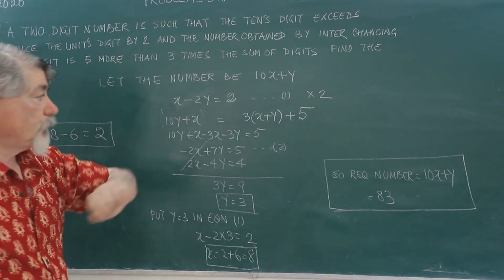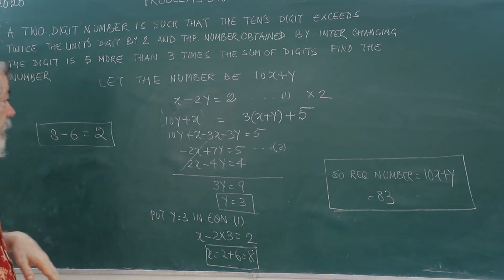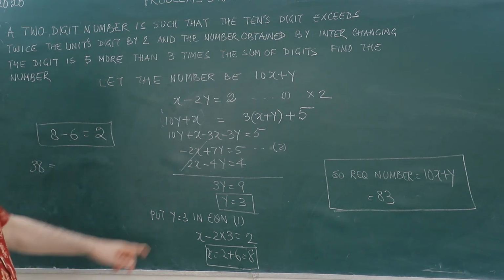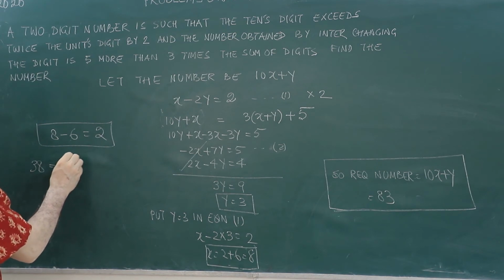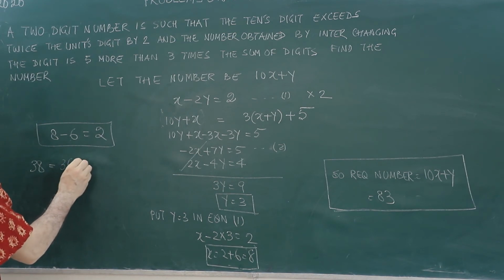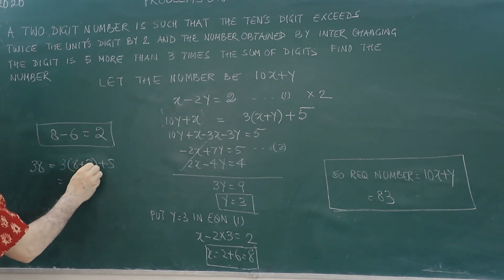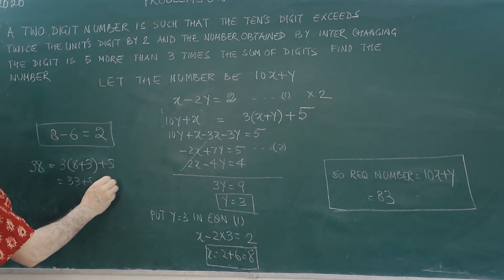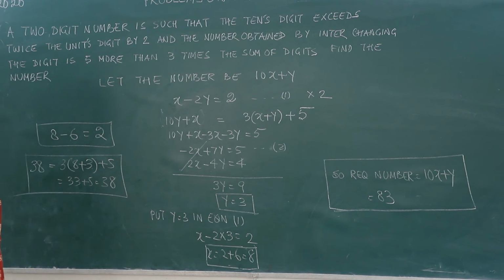Now if we reverse the digits, 83 becomes 38. 3 times the sum of the digits, digits were 8 and 3, and plus 5. So 8 and 3 is 11, 33 plus 5 is 38. So 38 is equal to 38. So this condition is also satisfied.